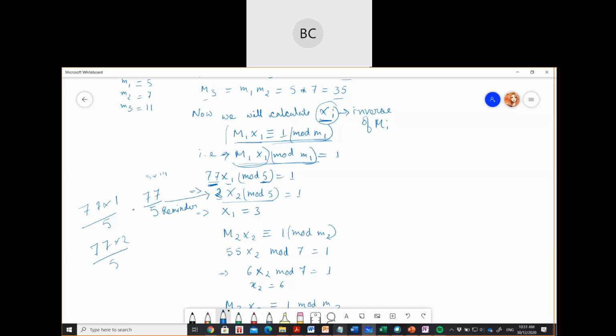of 77 by 5. Now if you divide 77 by 5, what will be the value such that you get 1? 5 into what? 77.